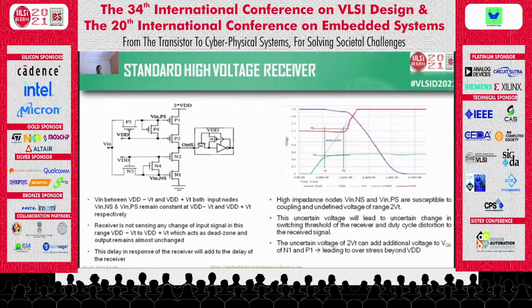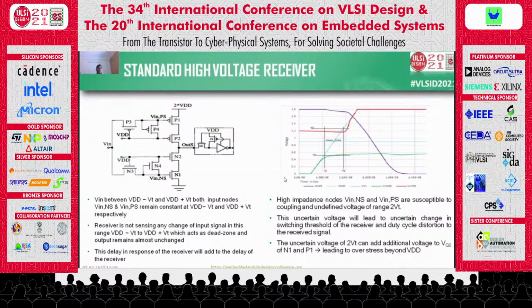The most widely used high voltage receiver is what you see in the diagram, with stacked transistors: two protection devices N2 and P2 with the gate connected to VDD, and two receiving devices N1 and P1 which receive the input signal, which is split into two parts, one going to the N side and another going to the P side.